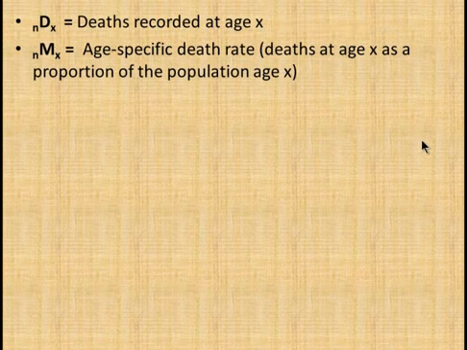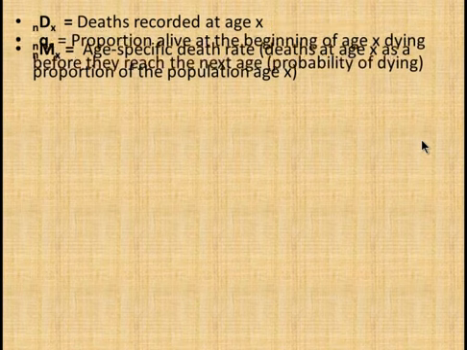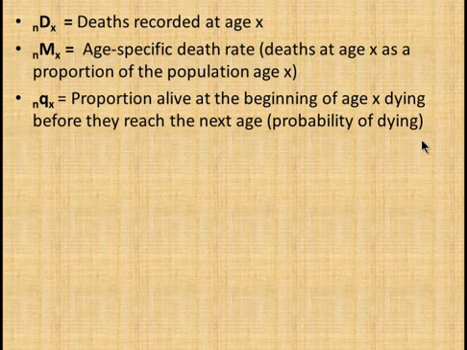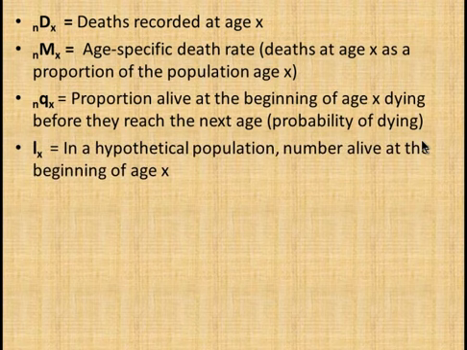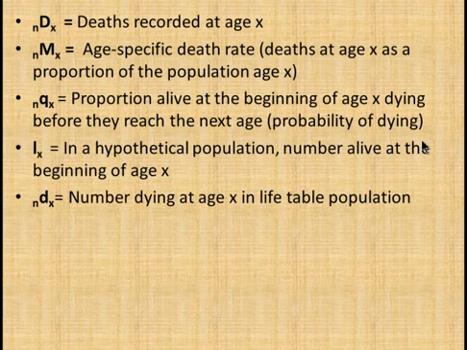We have m as the age specific death rate. We have the q, the probability of dying. We have the lx, which is our hypothetical population, and it starts at 100,000, and it's also known as the radix. Then we have d, the number dying at age x.